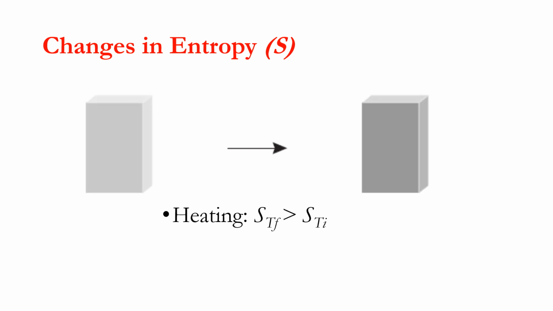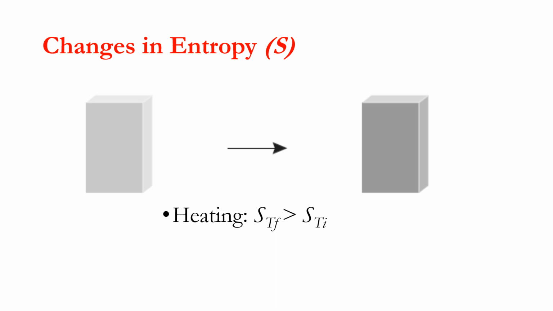What about the effect of increasing temperature in the system? Increasing temperature, as we all know, results in an increase in kinetic energy. So the greater the degree of movement among particles in a system results in an increase in microstates.